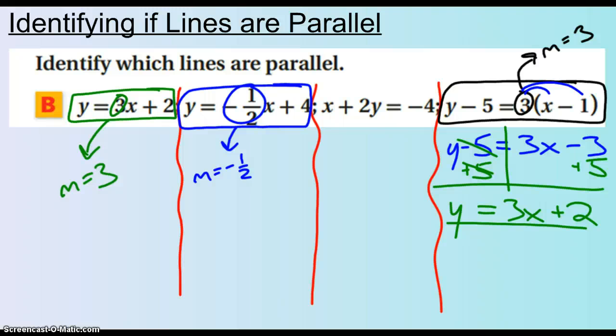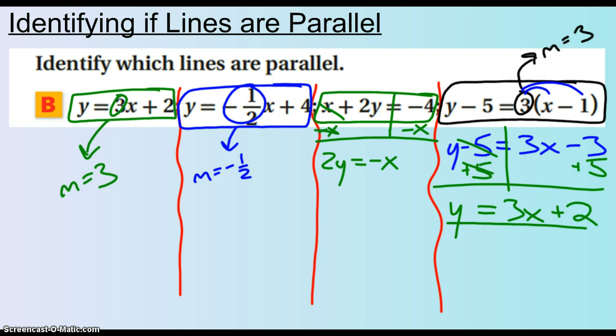So lastly, let's take a look at the middle equation. If I solve for y here and put it in slope-intercept form, then I can tell what the slope is. So I'm going to subtract x on both sides. I'm left with 2y equals -x minus 4. And then I have to divide everything by 2 to solve for y.